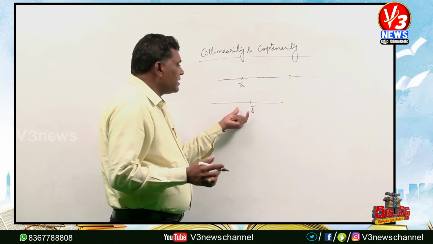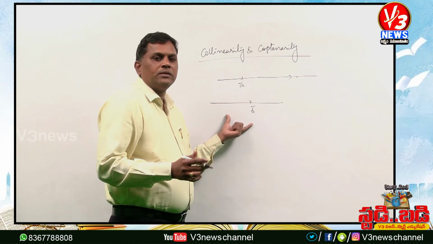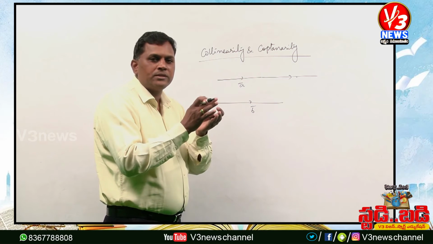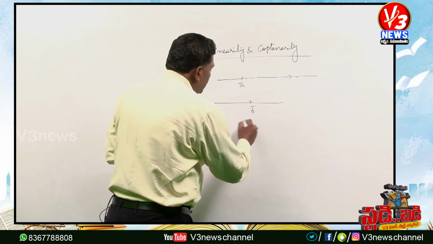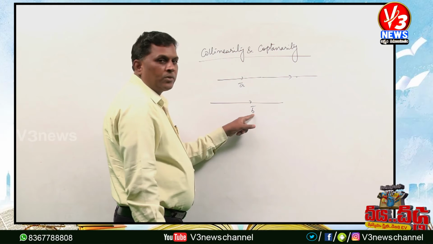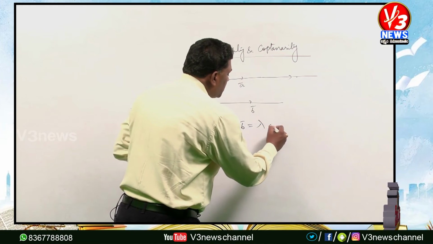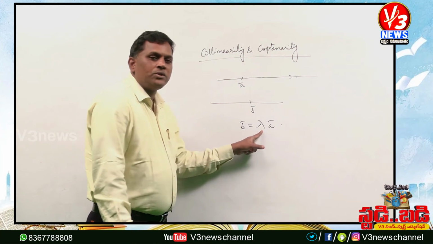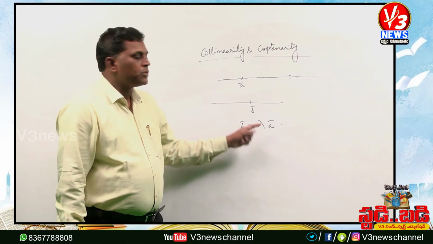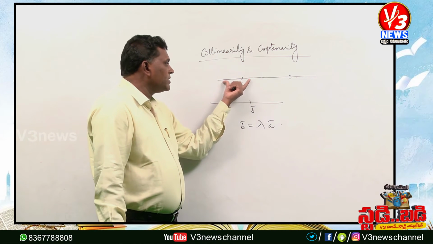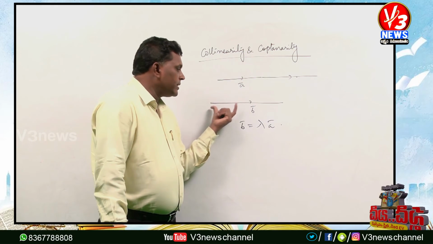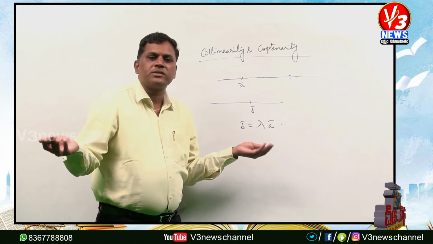If they are collinear, they differ only by their magnitude; the direction is the same. That's why we can take B bar equal to some lambda times A bar, where lambda is a non-zero constant. If you multiply the length of this one with some lambda, we get the length of the other one. Directions are the same for both.